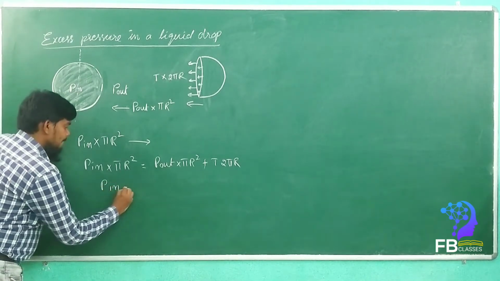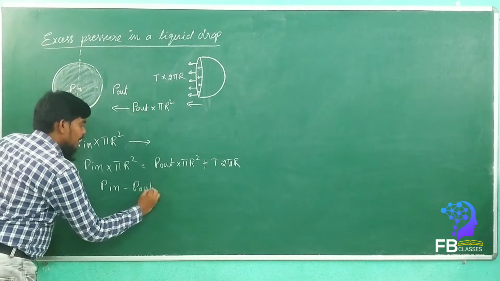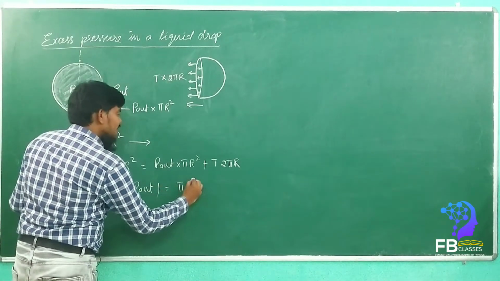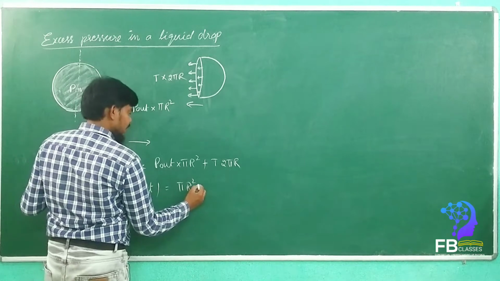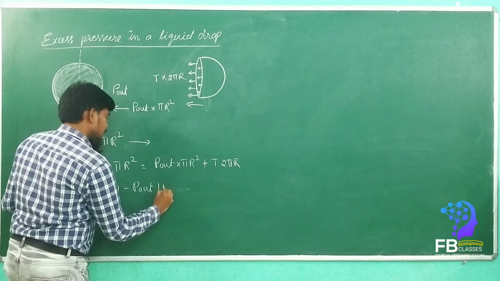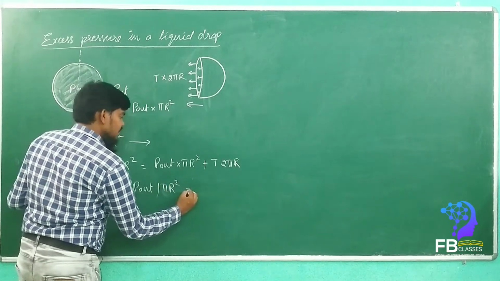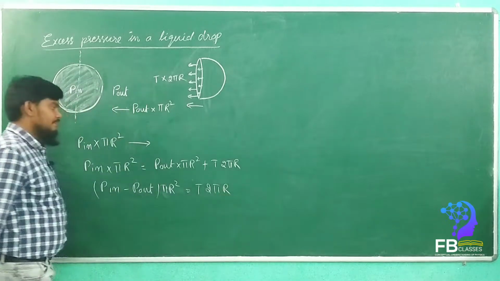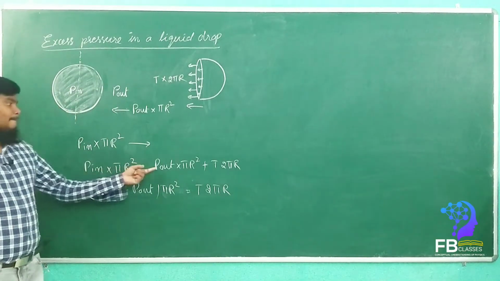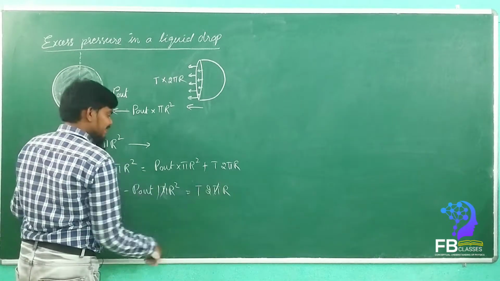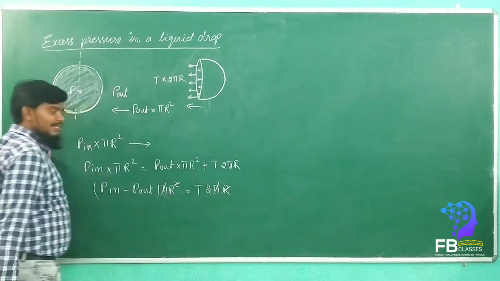See here, P in minus P out is equal to T into 2 pi r divided by pi r square. Now pi gets cancelled and r gets cancelled.